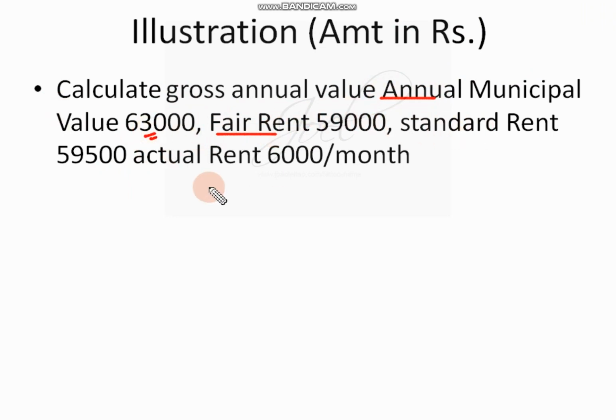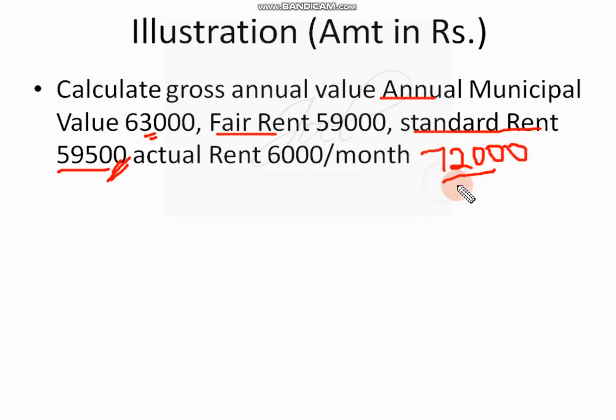That amount and standard rent, 63,000 and 59,500, the lowest I have to consider. So this is my lowest amount, 59,500. That amount and actual rent received, that is 6,000 into 12, 72,000 it will come, if I am not wrong.